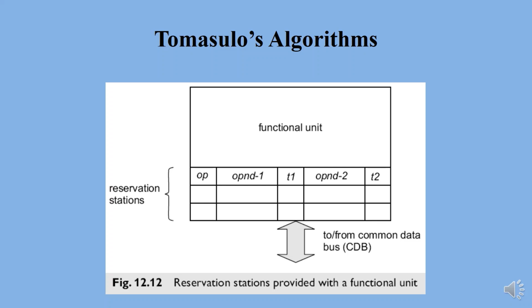However, if the operand value is not available at the time of issue, the corresponding source tag T1 and/or T2 is copied into the reservation station. The source tag identifies the source of the required operand.